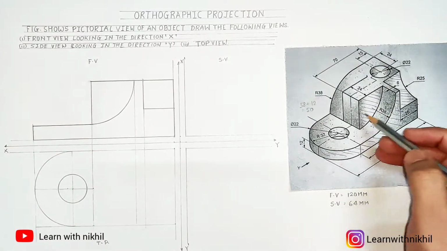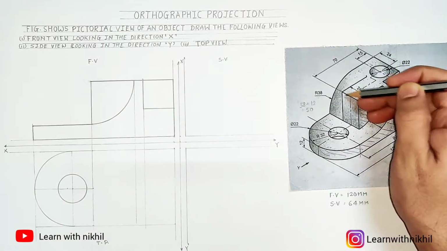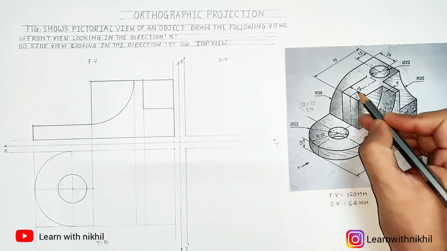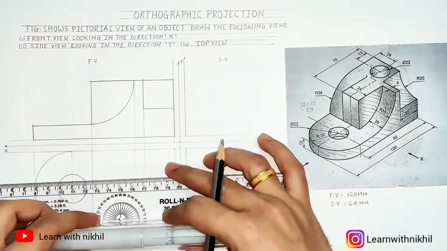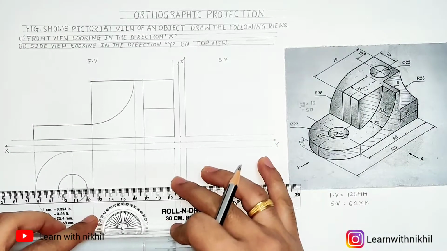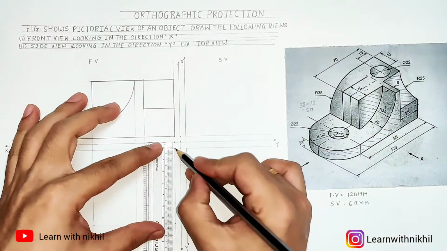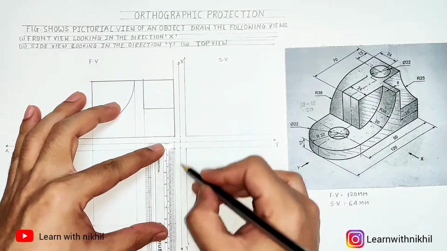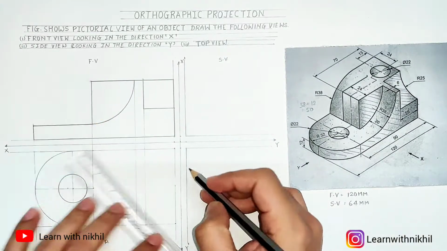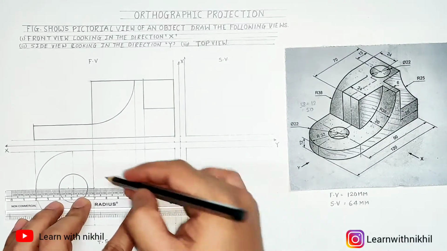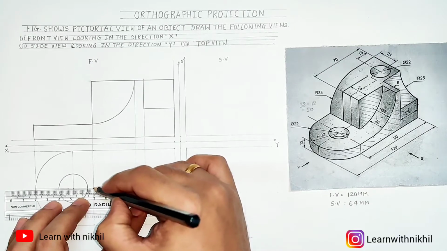Now drawing this line, it will look like a straight line from the top view, and through the center line it is 24 millimeters, so 12 millimeters on each side. So first we will mark the center point, that is 32. We will draw the center line across the whole top view.